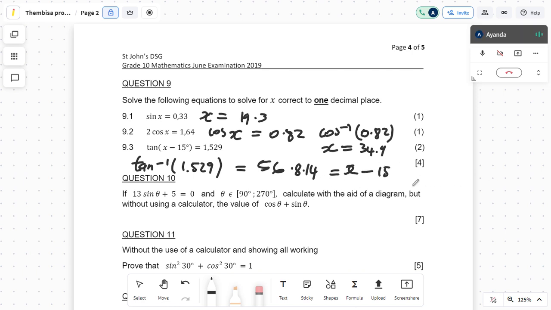So if we add 15 to both sides, x is equal to 71.8.